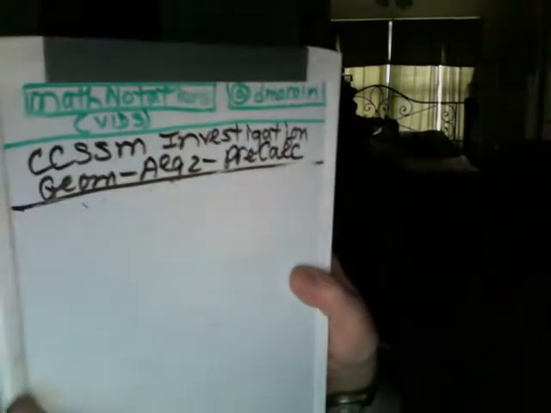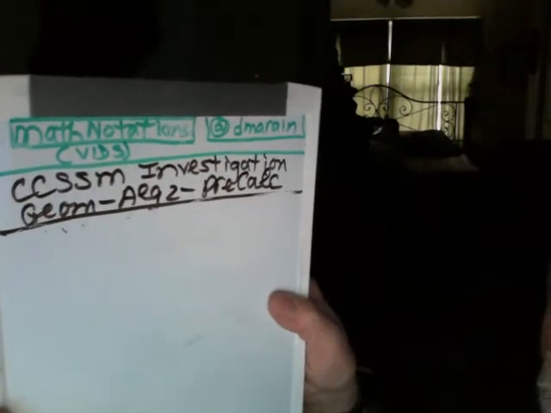So, in years past, I would simply call this an investigation, an activity to promote deeper understanding, making connections, and promoting dialogue in the classroom. Now, of course, I have to add Common Core as a modifier to make it more current.